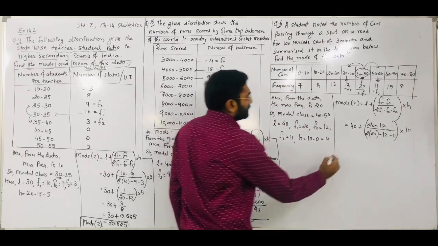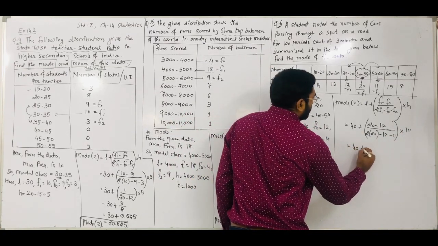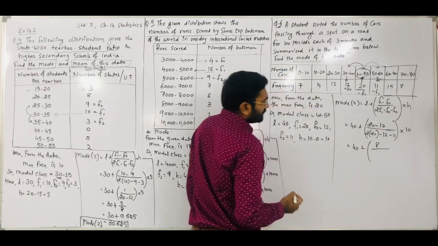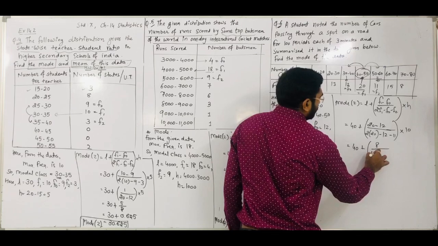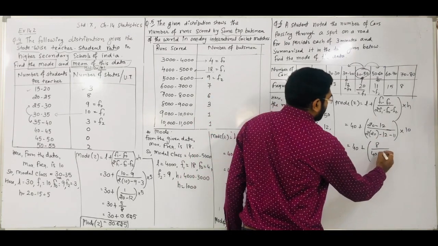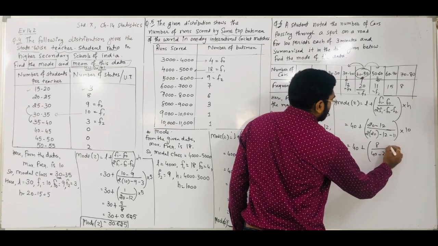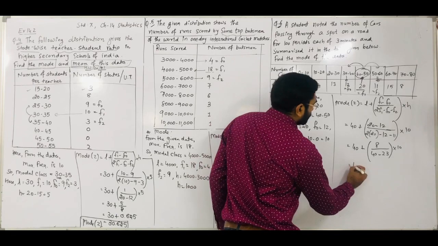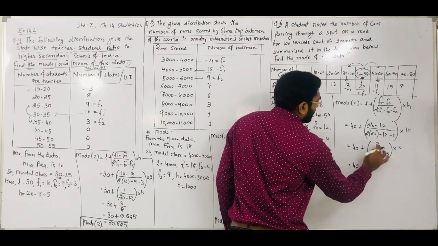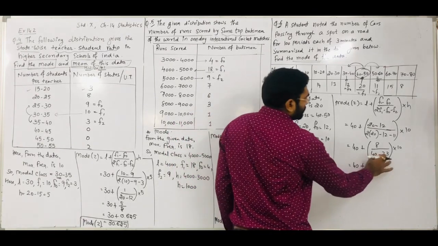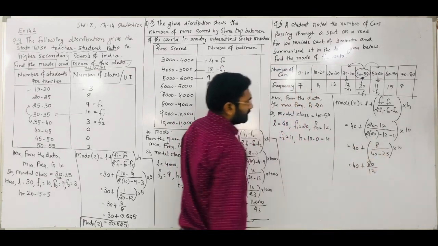Right? So now give the simplification. 40 plus 20 minus 12, so we get 8, divided by 2 twenties are 40 minus 12 minus 11, so we get 23, into 10. So we get 40 plus 8 into 10, which is 80, divided by 40 minus 23, which is 17.